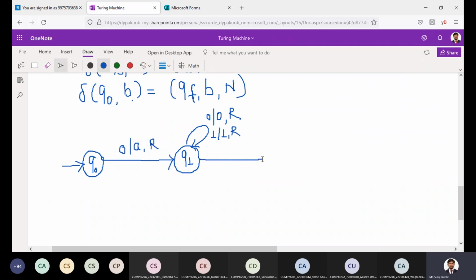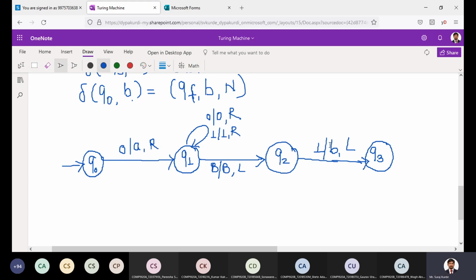On Q1, if capital B is the input, then keep B as it is, go to the left and change the state. This is Q2. Now on Q2, what should it read? It should read 1 and replace 1 by small b. Replace 1 by small b, go to the left. Q3.